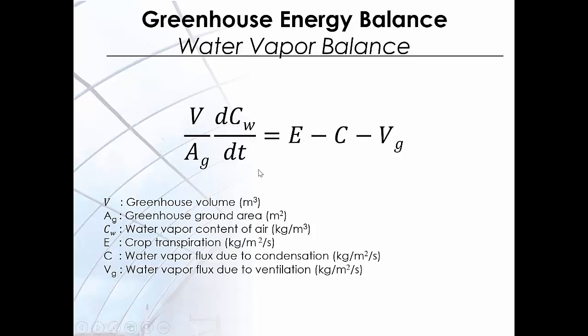This left hand side term equals the right hand side term, where we have the crop transpiration minus the water vapor flux due to condensation from the surface of the cover, as well as minus the water vapor flux due to ventilation and leakage to the outside of the greenhouse.